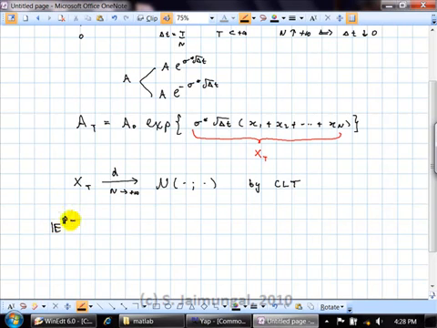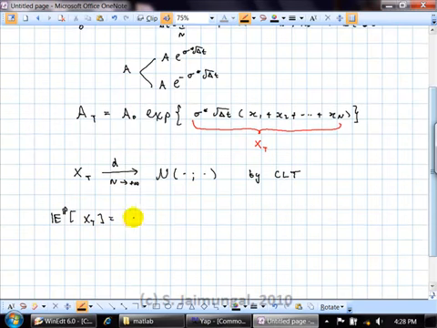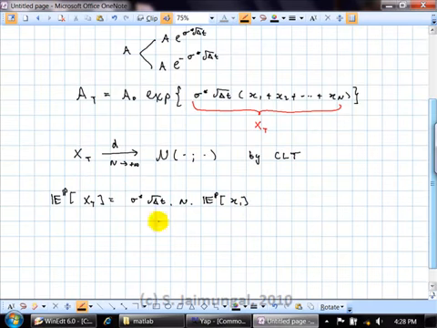So the expectation under P of X capital T, well, that's pretty simple. It's sigma star delta T times N, there's an equal number of them, times the expected value of any one of these. Right?